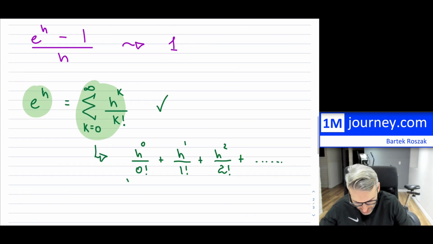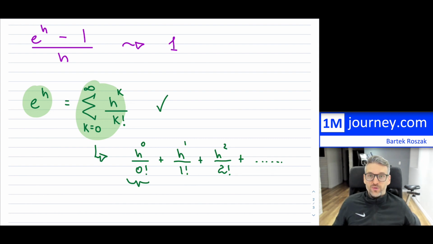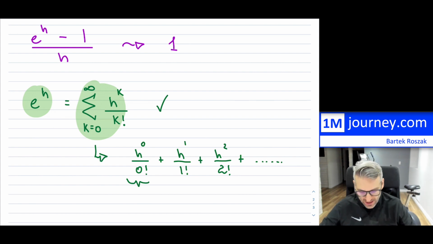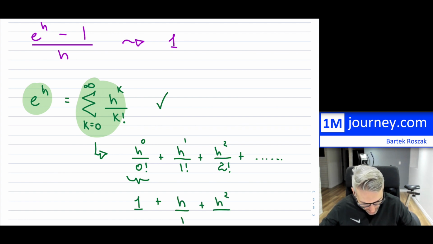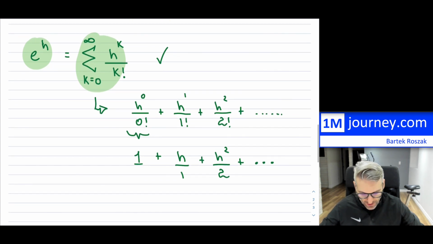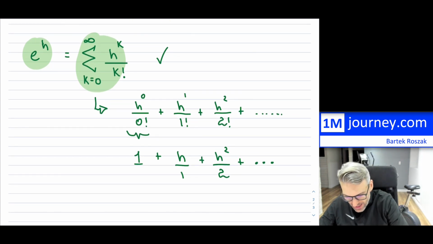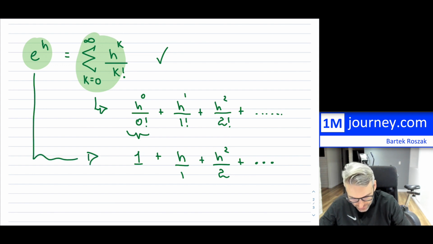Of course, h, although it tends towards 0, is never 0. It's just always some number, but it's never 0, it tends towards it. And therefore, h to the 0 is just 1. 0 factorial is 1, so this is just 1, plus h over 1, plus h squared over 2, plus, and so on, dot, dot, dot. So that is what this is equal to.